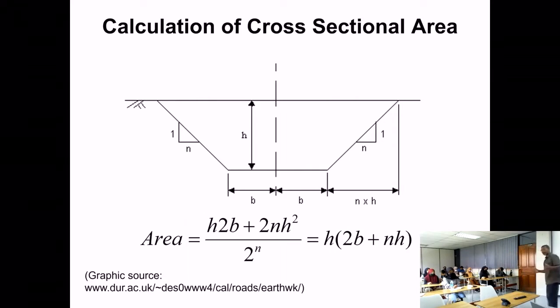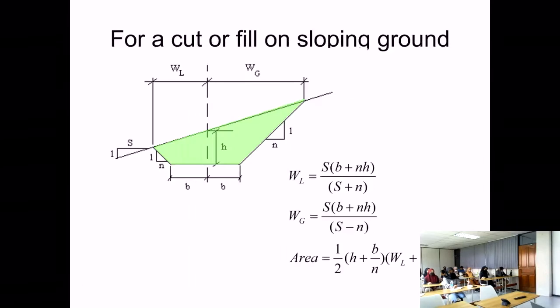So sloping ground. There are formulas untuk sloping ground. So yang ni pun you tengok lah. The area sama juga, ada b, n tadi dah sebut dah, n, s, apa semua ni. So all these things, the width. You need to get all these dimensions before you can calculate the area.